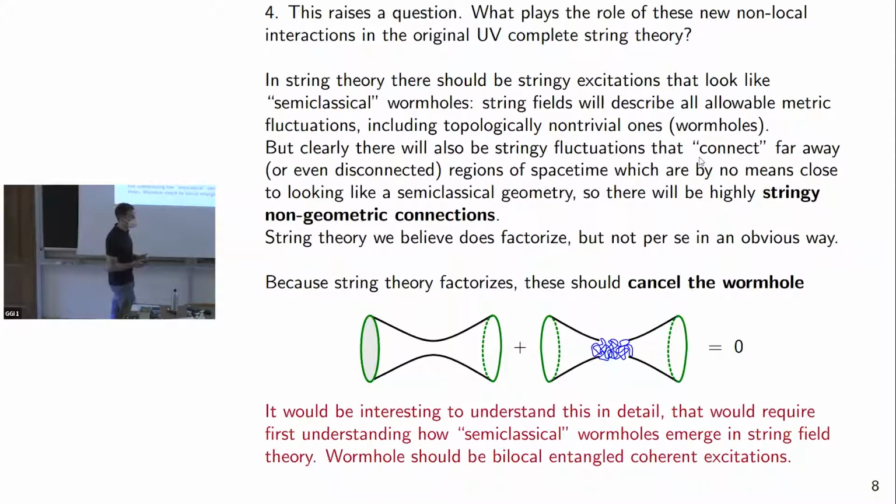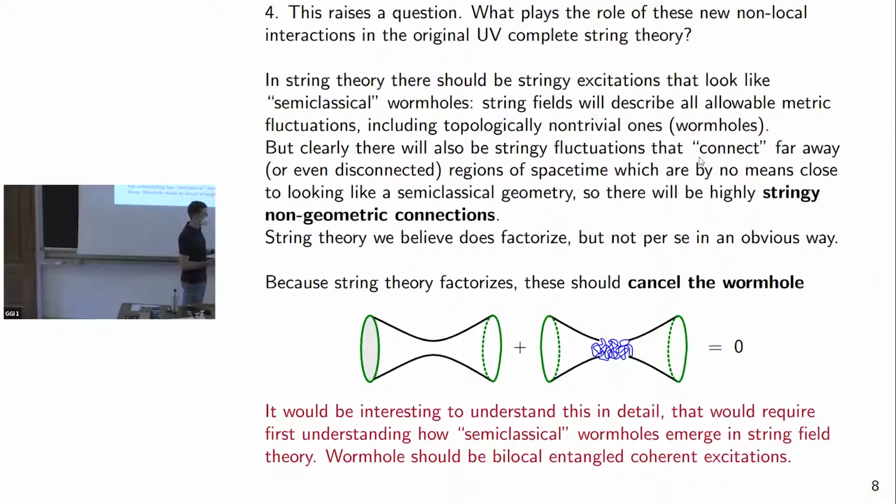So in particular, it should include configurations that look like quote-unquote classical wormholes, whatever that means. I don't know how to build those configurations in string theory, and it seems like an important open question to me. But supposing that you can make them, then you should also find, if you're super powerful, that there are other configurations in the string path integral where two spacetimes get connected, but in a way that the connection is very stringy or something.